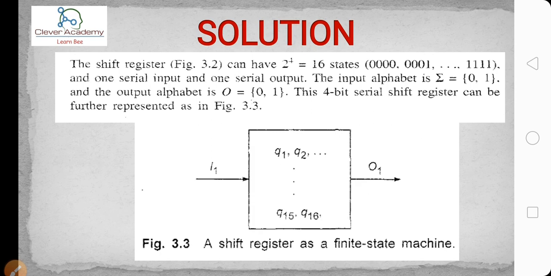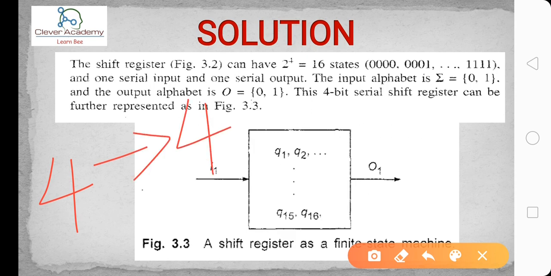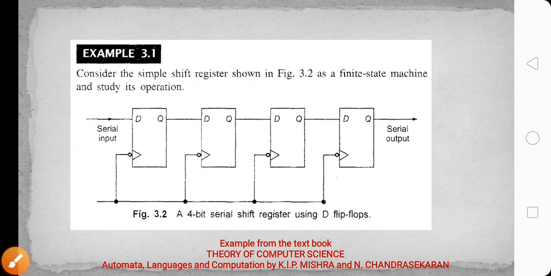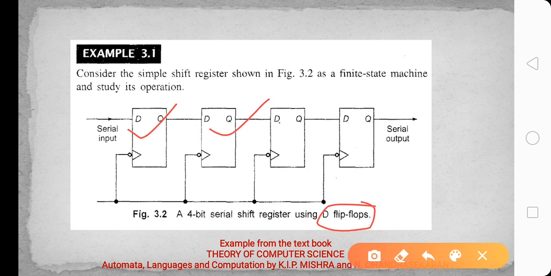So whenever you are representing 4 operations and a 4-bit representation, we are using the flip-flop representation. So totally for this shift register, you can see the problem, I am using the 4 D flip-flops. So you are taking the input as well as you are taking the clock.